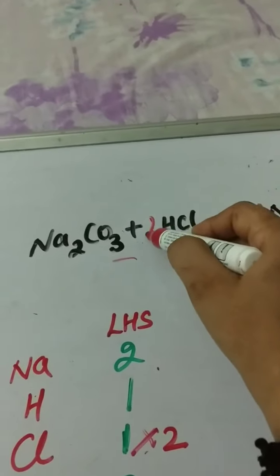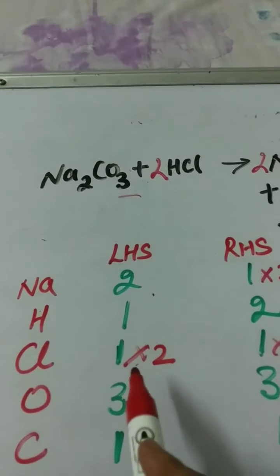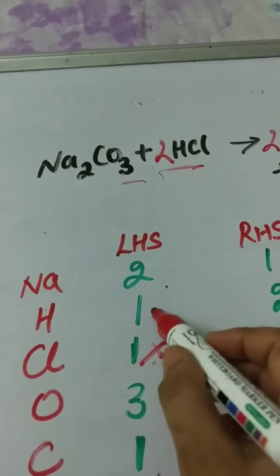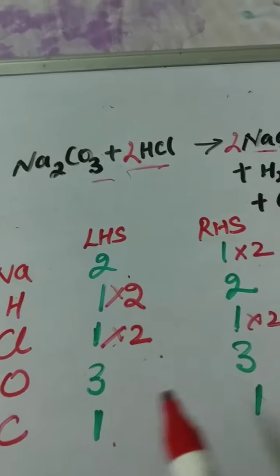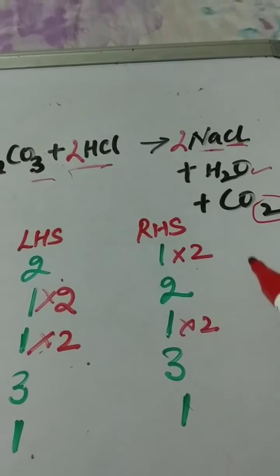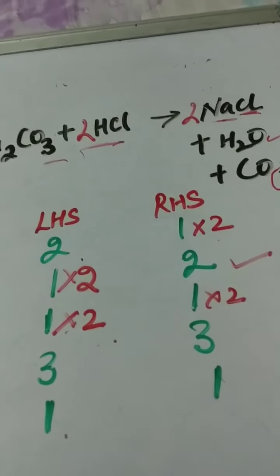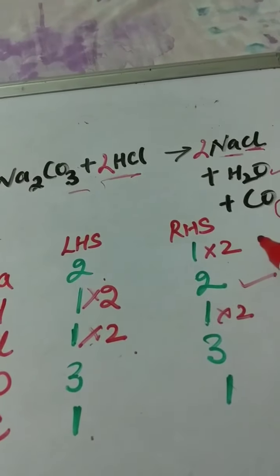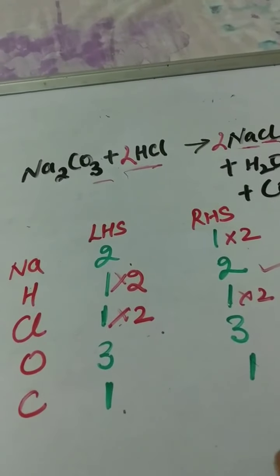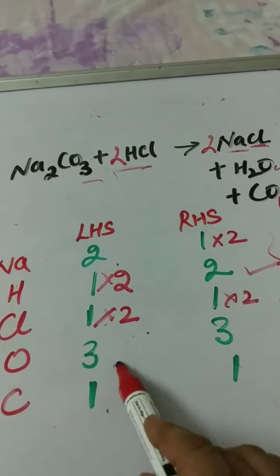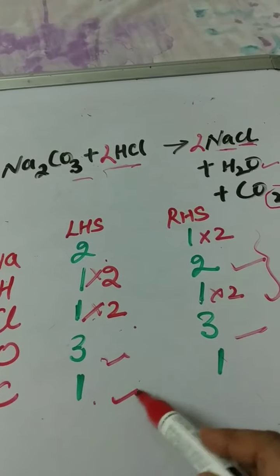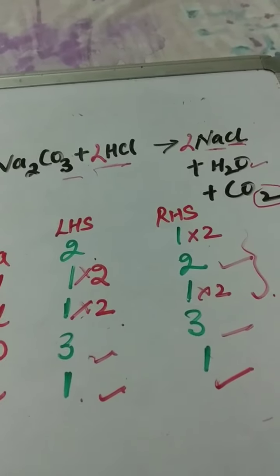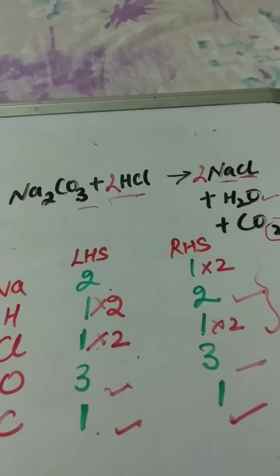When we put the coefficient in front of HCl, chlorine becomes 2, but hydrogen also becomes 2. Now on the product side, hydrogen is already 2. So sodium, hydrogen, chlorine, these 3 element numbers are equal. Let's see about oxygen and carbon. Already these numbers are equal on both sides, reactant and product side. In this way we will balance the equation.